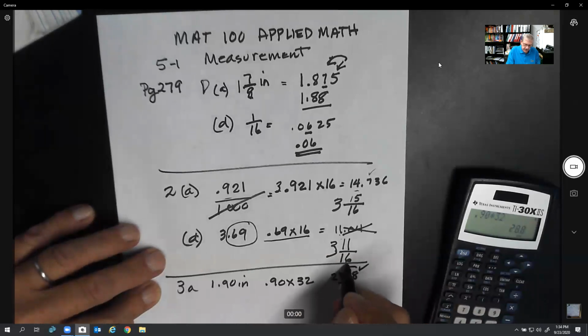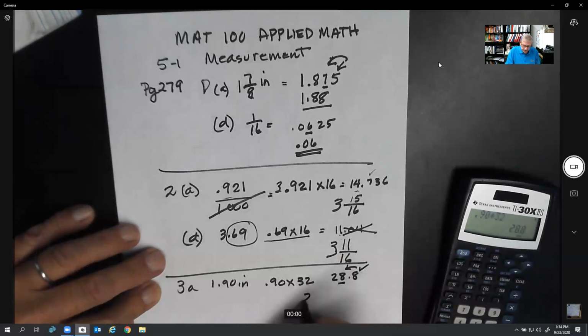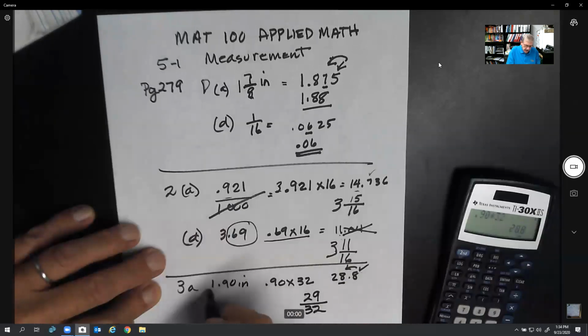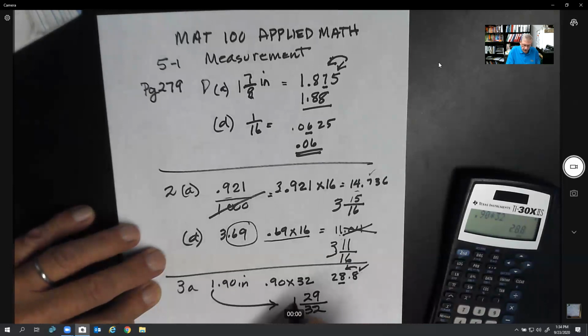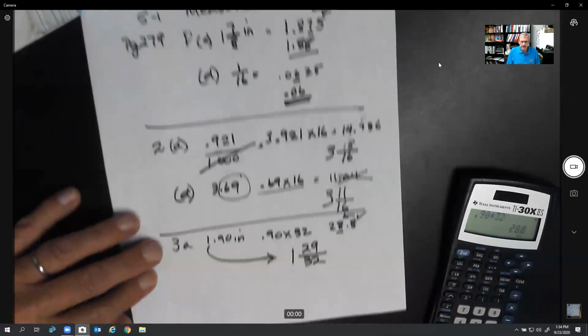So we're going to round this up to 29. Put it over 32. And then bring our whole number over here. 1 and 29/32.